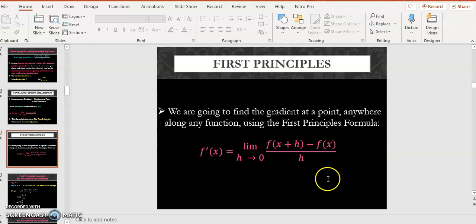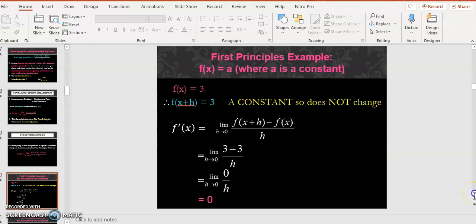Okay, so we want to find the differentiation from the first principle. So this is the formula. You write it in your book nicely. Anytime you are told to answer a question from the first principle or find a derivative from the first principle, you first write the formula. So like this question, they want us to find f prime, or the derivative from the first principle. In other words, f prime where f of x is equal to 3.